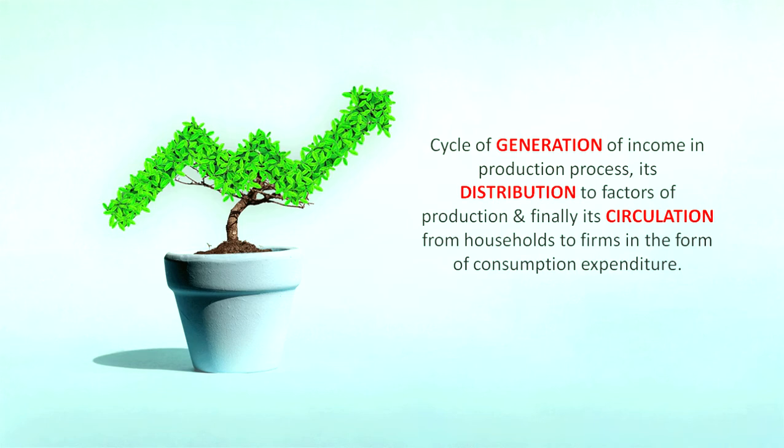Once he generates income through this production process, he has to distribute it to the factors of production that he has used, in the form of rent, wages and salary, or interest. So once he receives income, he has to distribute it to different factors of production.